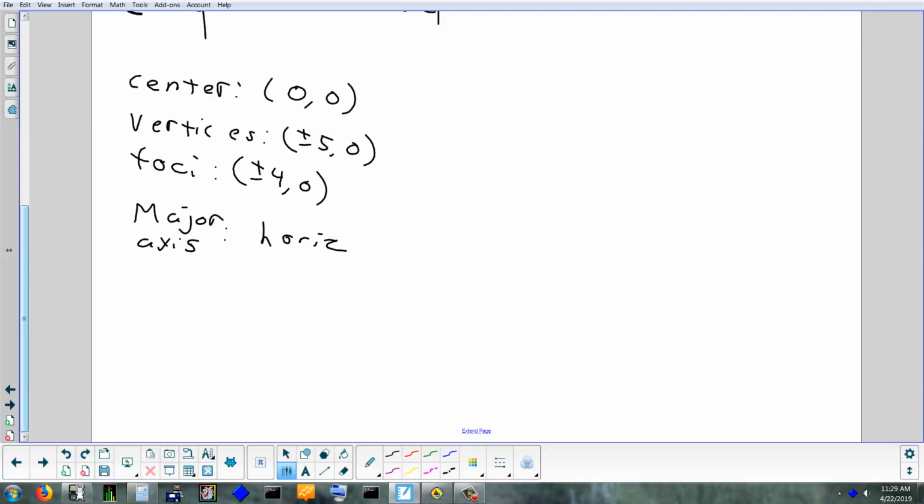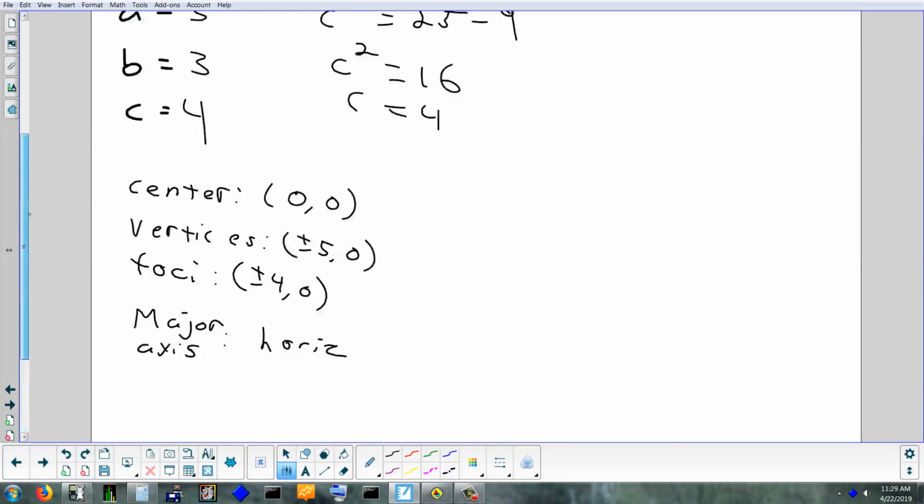So the center so far has always been the origin, but it's going to be A units left and right of the center, or above and below. Yeah, that's what I was asking, if it was just A. It's going to always have something to do with A. And then for the foci, it's C. It'll have something to do with C, but it won't always just be C. But yep, it'll always have something to do with A and C.